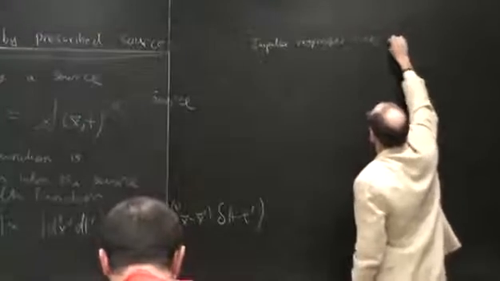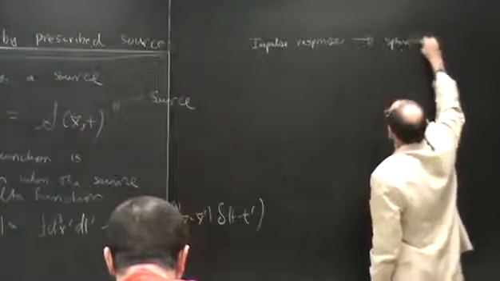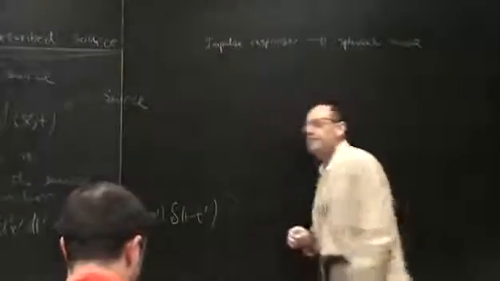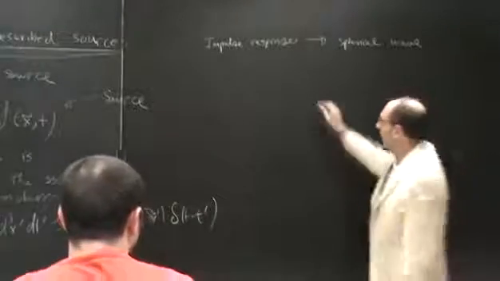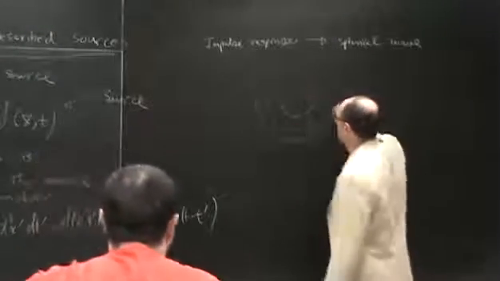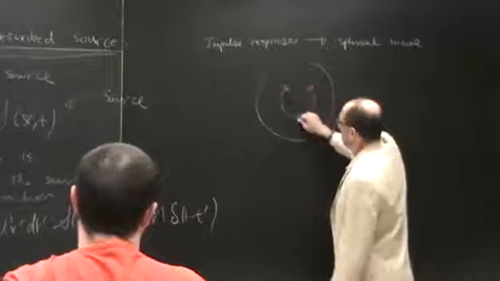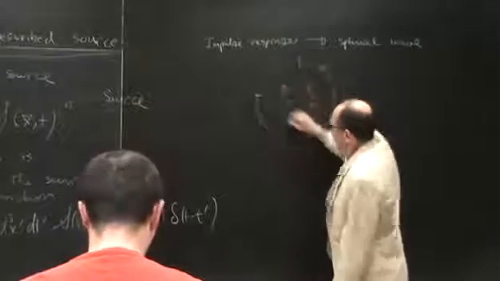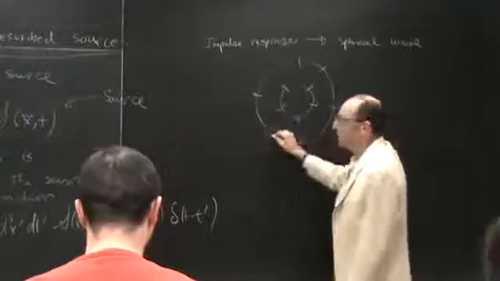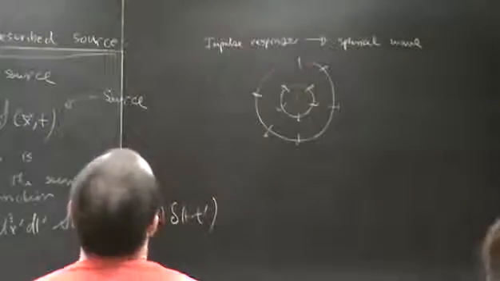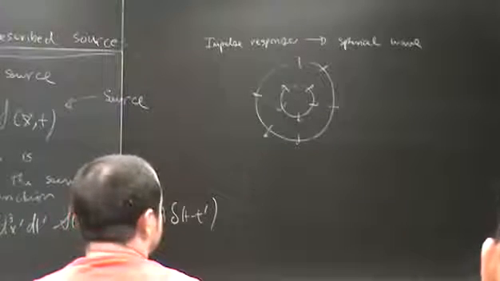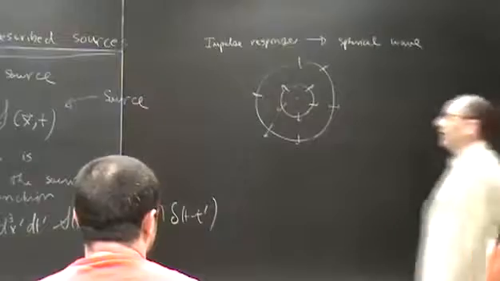In this case, it should give us a spherical wave. So if the source just goes off right then, emitted from that point is a spherical wave, or it would be a circular wave or a cylindrical wave in lower dimensions. So that's what we expect to see, and we're going to see that is the Green's function.